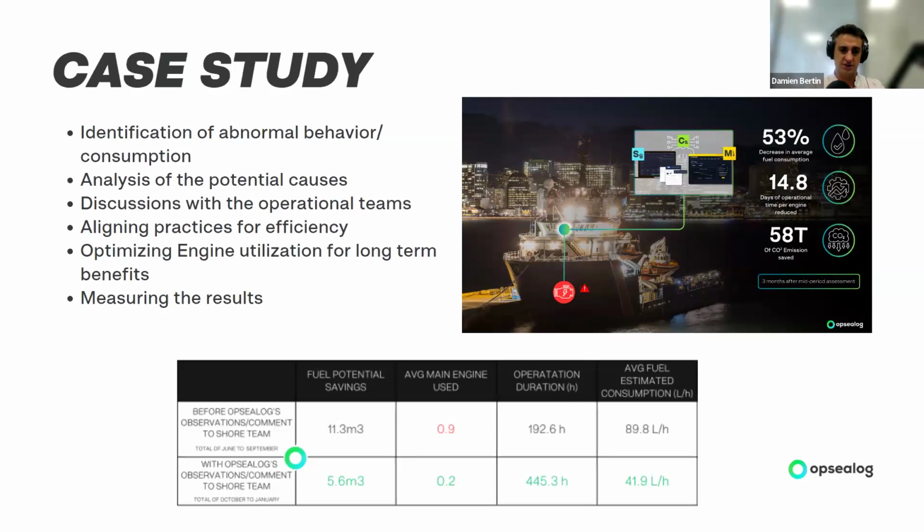Check the benefits of the implementation, and act. That's the continuous circle, because we keep monitoring the behavior of this vessel. That's where the human is also key, because when you conduct change, you need to monitor it and be partners with the people who are involved in the change. This is one example of what we have been able to achieve with some of our customers, but this is exactly what we at Opsealog were built for: to generate efficiency.